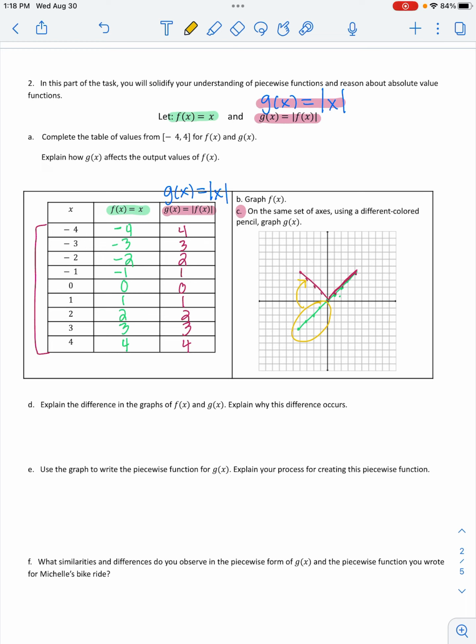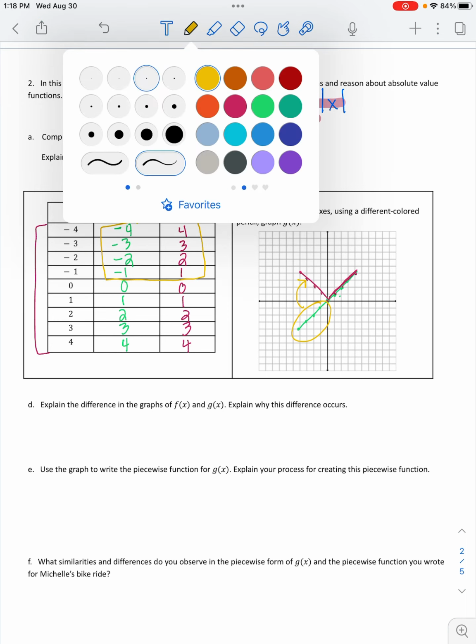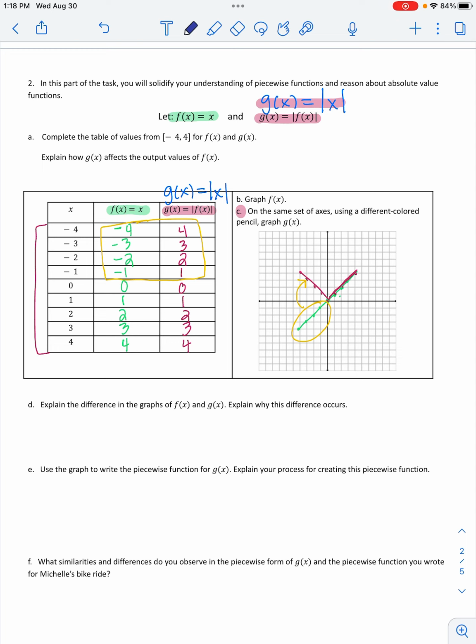So this difference occurs because you'll notice in this section here on my table that anytime I had negative values for x and an absolute value, they turn positive. So that should be happening every time. So every time we have absolute values, negative values turn positive.